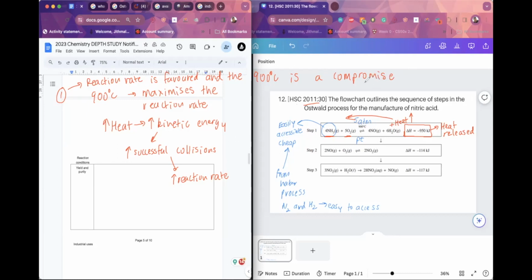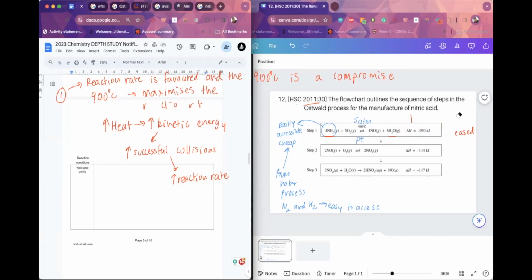And this is to increase the amount of nitrous oxide produced and water produced as well. So that's the temperature, but there's also a gas aspect. There's a pressure aspect that we need to talk about.